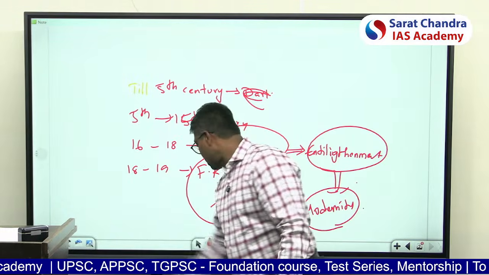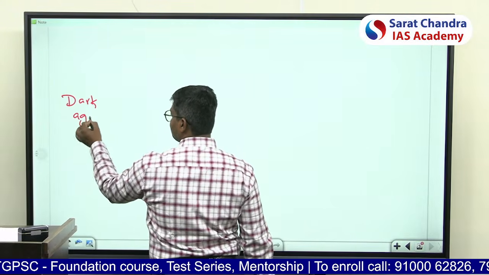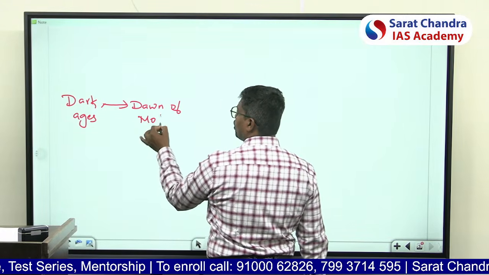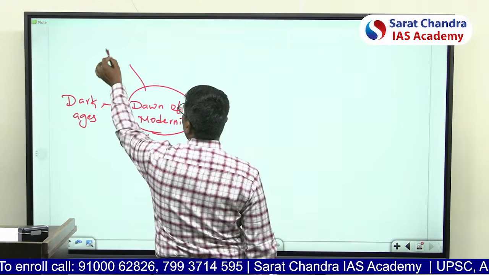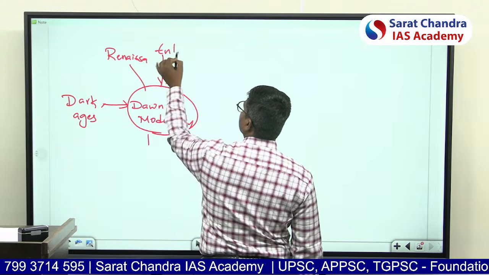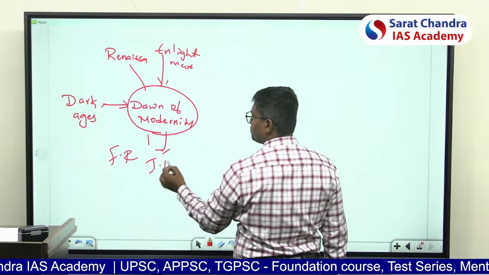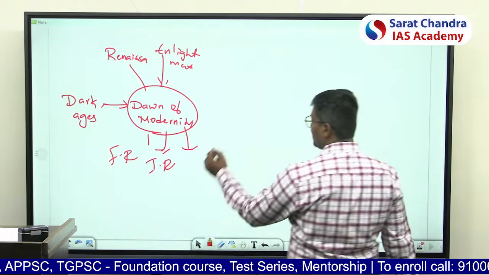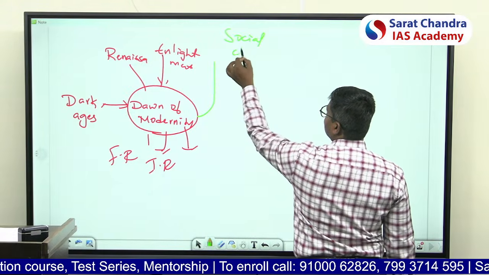Now, when we talk about Europe under the dark ages, we see the dawn of modernity. This dawn of modernity came through the Renaissance, Enlightenment, French Revolution and Industrial Revolution. And this dawn of modernity led to social changes in Europe.